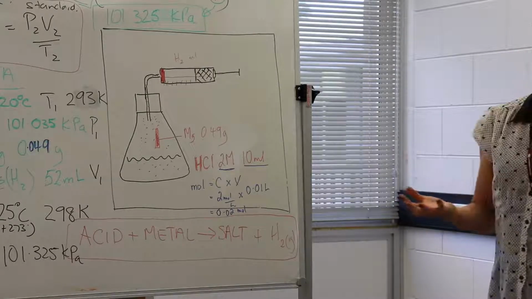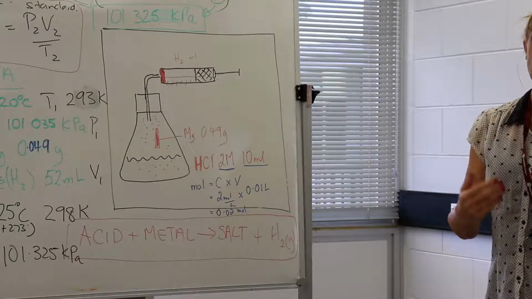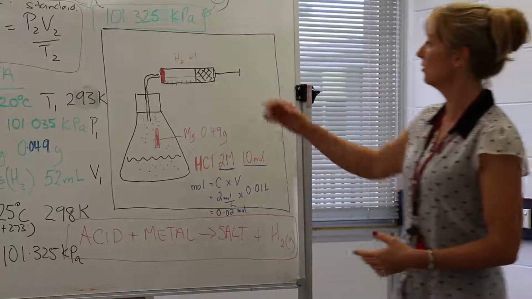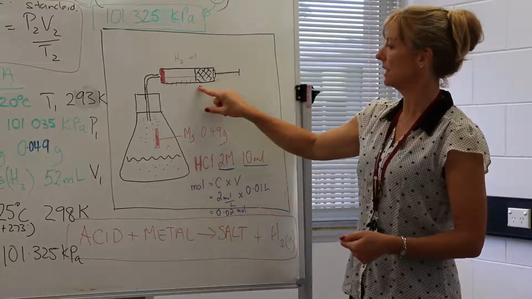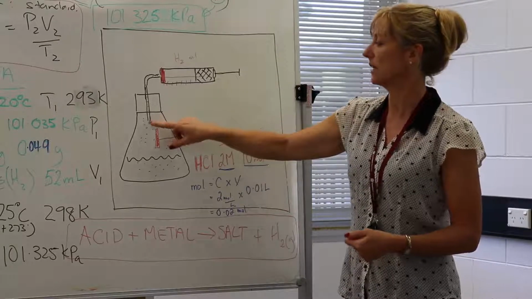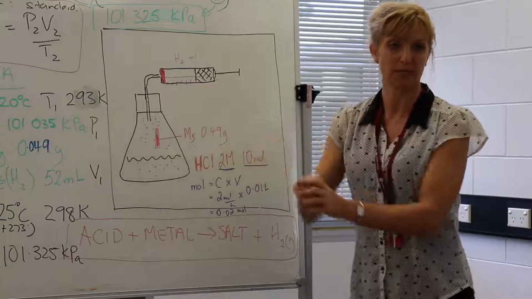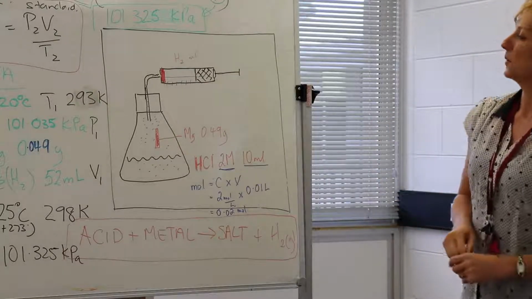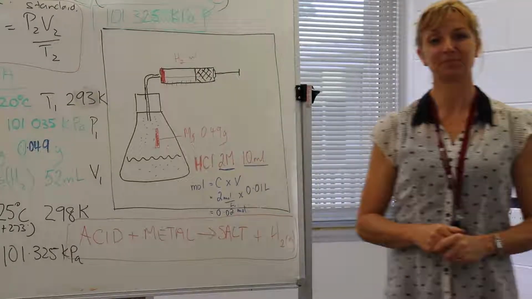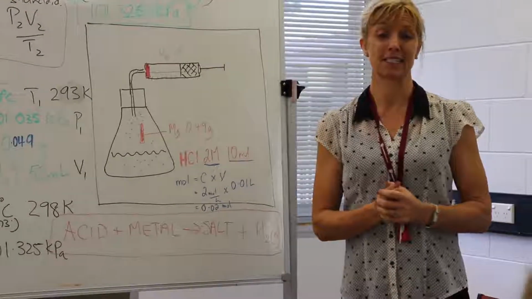That shows you understand, because if it was under, which is much more likely, you could say the two things I've already said, and then you can say there was leakage in the syringe, and you could also say you lost a bit of gas when you put the magnesium in because you couldn't shut it in time. So, and that's it. Are there any questions to do with that?